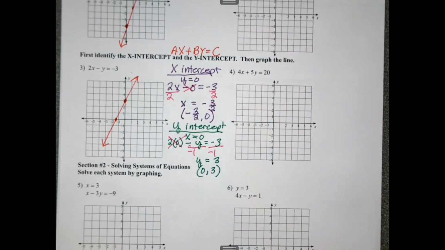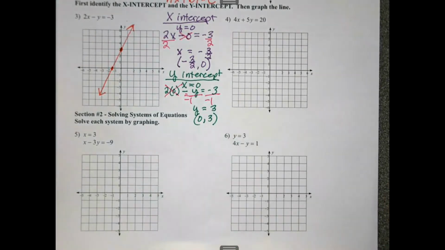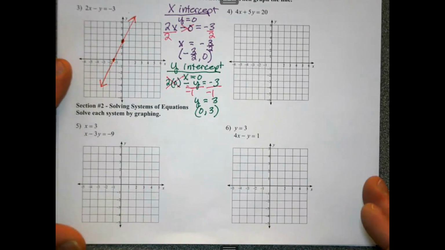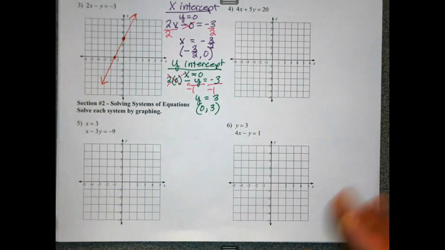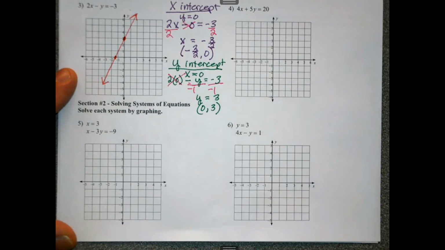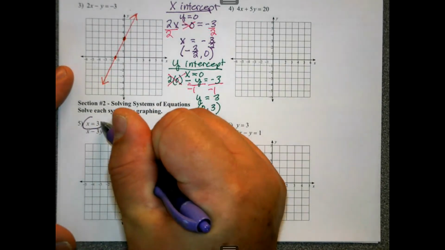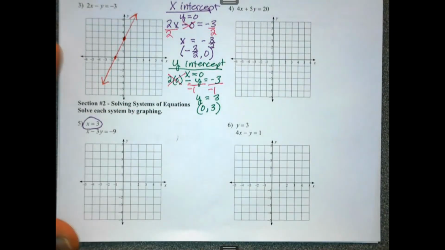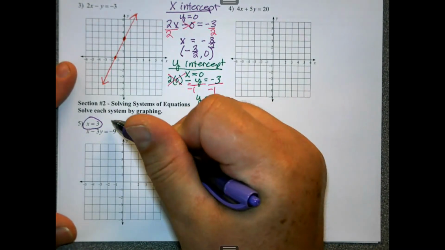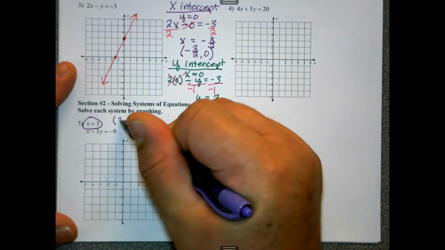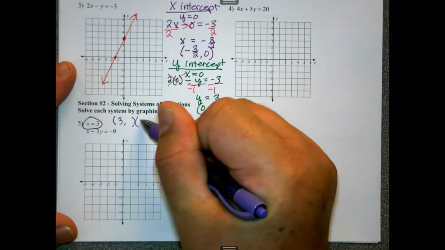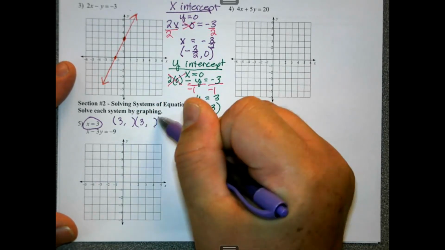Then we did systems of equations, 3 different methods, right? Graphing, substitution, and elimination, which is what we did Friday. Okay, so I'm going to graph the first line. What kind of line do I have when I have x equals a number? In other words, my x is always going to be 3, right?